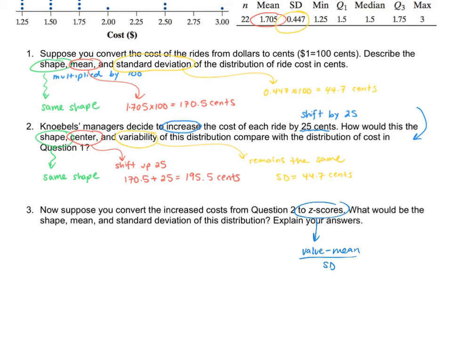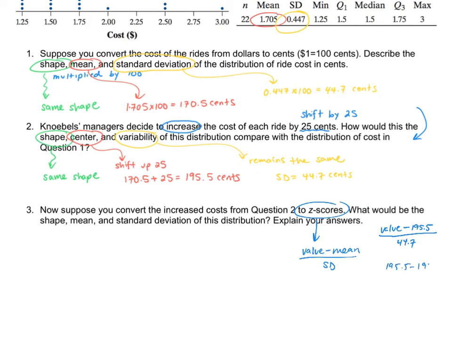So every single price to get on a ride in cents, you take that value, you would subtract the mean, so we would always subtract 195.5. I mean, we're not going to do this by hand, but I just want you to understand. And divide by 44.7. And think about the mean is 195.5.